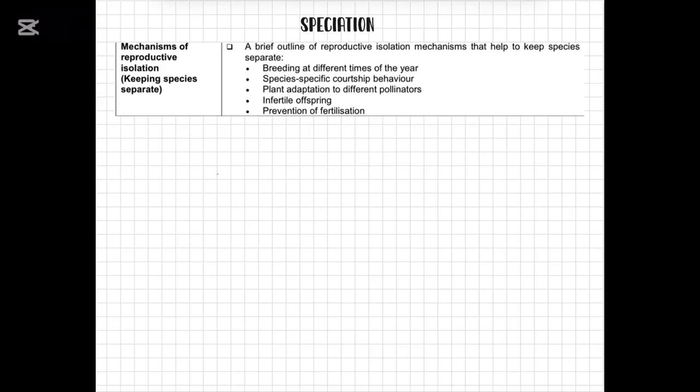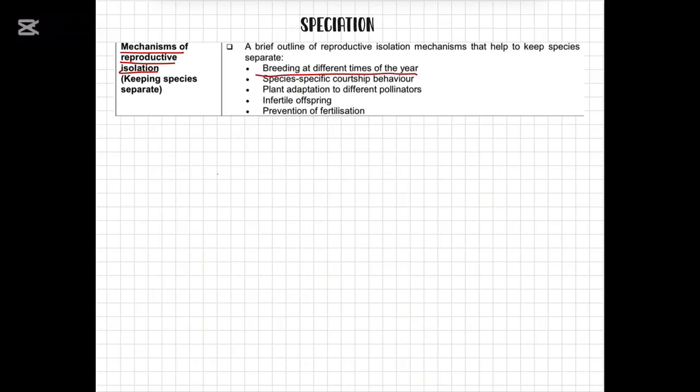Now, we also have mechanisms of reproductive isolation. They say that speciation does not only occur when a population is split by a geographical barrier. It can still happen even if there's no geographical barrier that separates the population, like breeding at different times of the year.